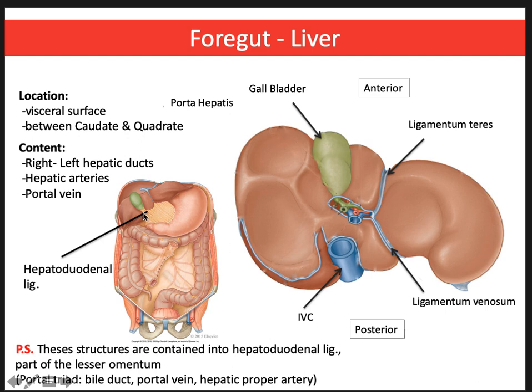All this is the lesser omentum. The thicker part containing those three structures is called the hepatoduodenal ligament because it connects the liver to the duodenum. It's part of the lesser omentum, but it's distinctly described as the hepatoduodenal ligament.